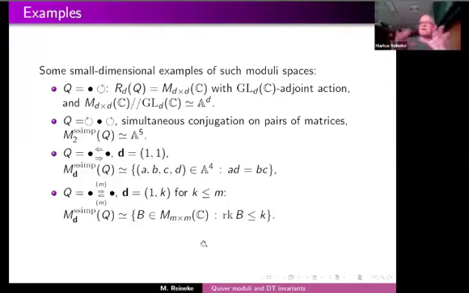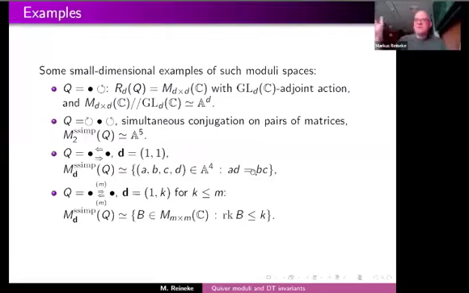So that's somewhat typical small moduli spaces, which you can get as quiver moduli spaces. There are some more examples which you can compute by hand, but the resulting varieties usually don't have a name. I mean, these examples here are all varieties which have a name: affine space, determinantal variety, cone over the Segre embedding.